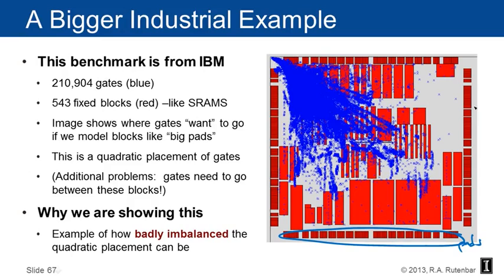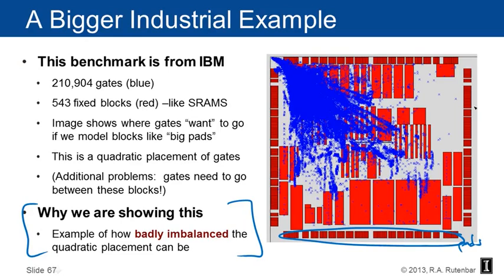And the blue smear is the result of the two AX equals BX, AY equals BY solves. So why am I showing you this? This is an example of how badly imbalanced the quadratic placement can be. It can be terribly, terribly unphysical. So look, almost all the gates want to go up in the top left.